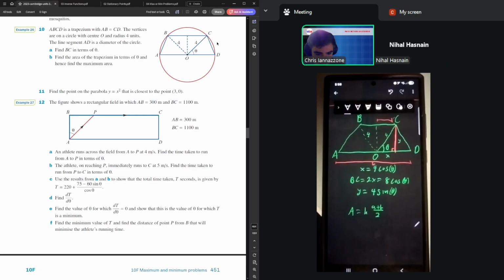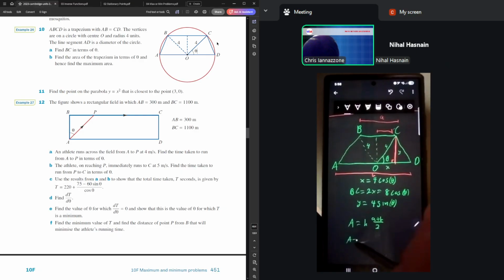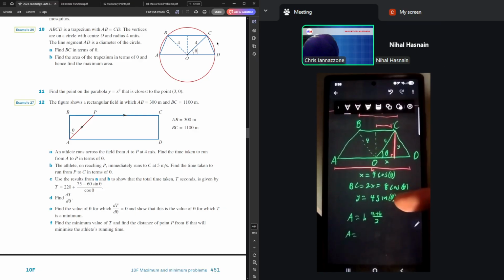Yeah, that's right. So a and b... wait, no, a is BC. You can set a as BC and b as AD. Yep, so b is going to be AD.